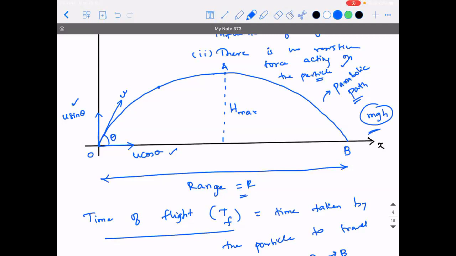If you take the x-axis as the reference, initially the object had only, sorry, kinetic energy. Whereas when it has gone here, the vertical component of velocity will become zero, whereas if you have a horizontal component, it remains.